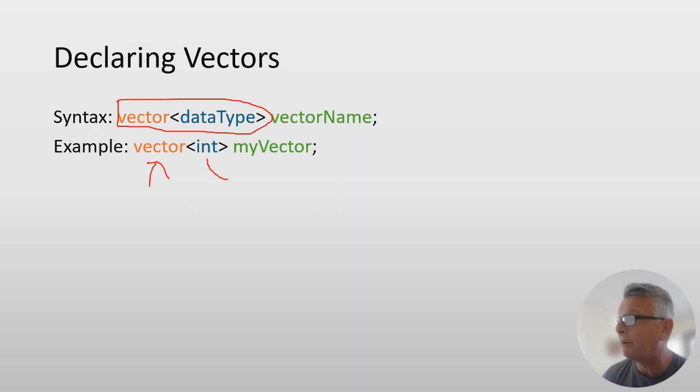What do we want our vector to hold? A vector can hold vectors, a vector can hold objects, a vector can hold any data type we have. A vector can hold that data type. And then we name it. So keyword vector, carets, because it's a template. And then what is your data type you want? And then go ahead and give it a name. Okay.